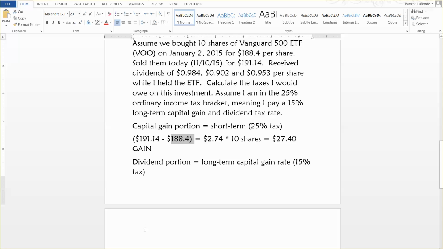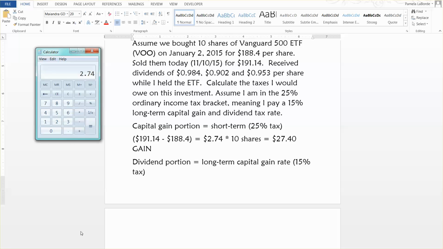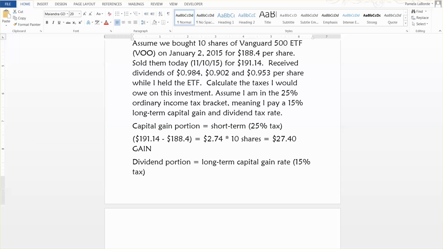Something seems wrong there. 1911.40 minus 1884. Nope, 27.40. So there's the 27.40. So I'm only taxed on that gain.